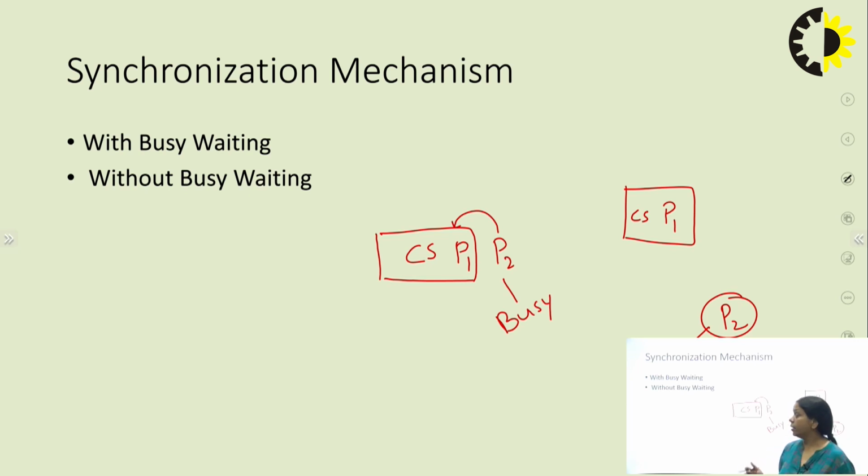After P1 completes its work and comes outside the critical section, P2 will be active again and go to the critical section after P1. So there can be two types of mechanism. Many mechanisms follow the busy waiting concept, and some follow the without busy waiting mechanism.